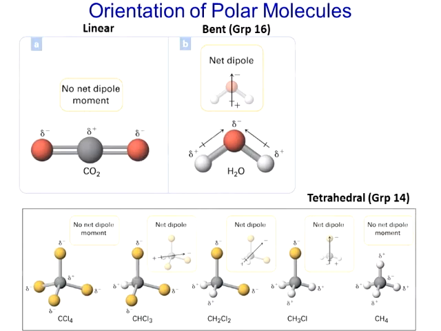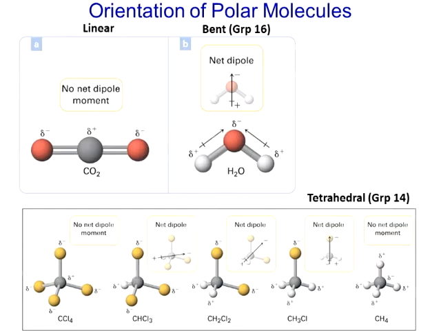So there's no dipole. In the case of trichloromethane, we have an overall pull in the direction of the chlorines. Likewise, in methylene chloride, we have an overall pull, or a net dipole, in the direction of the chlorines. In the case of chloromethane, we have another net dipole in the direction of the chlorine.